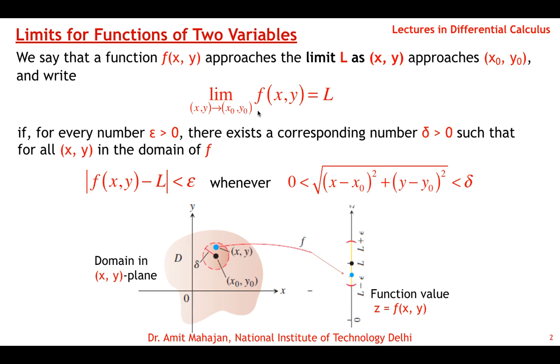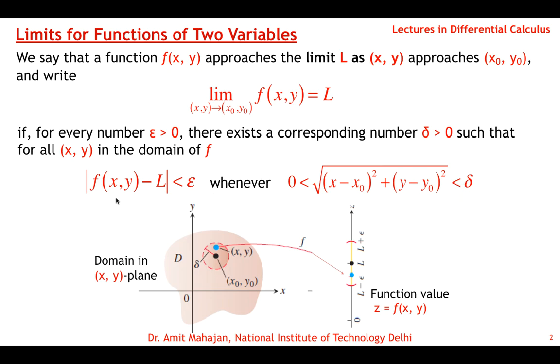In that context, this can be extended as a formal definition: for every epsilon positive there exists a corresponding delta positive, such that for all (x,y) in the domain of the function, the function lies close to L whenever (x,y) lies sufficiently close to (x naught, y naught). How close the function lies to L is within the epsilon distance, and how close (x,y) is to the point (x naught, y naught) is within the delta distance.